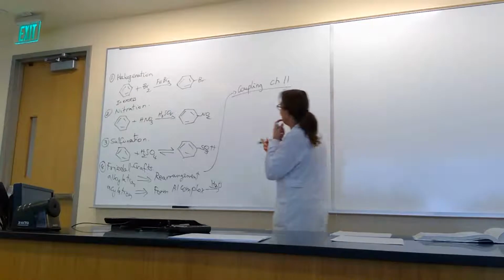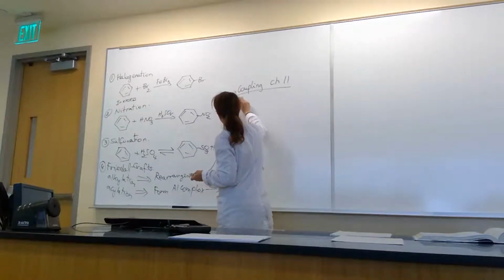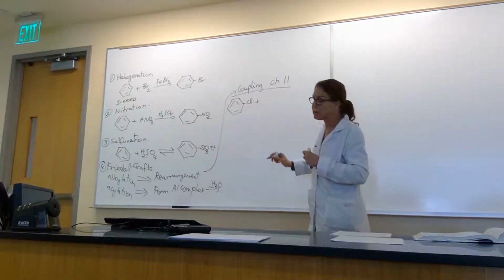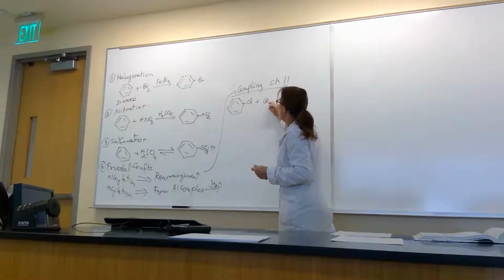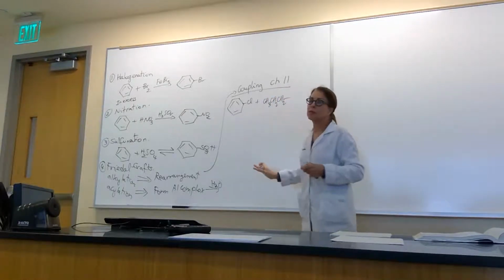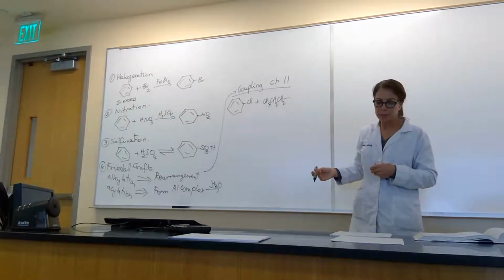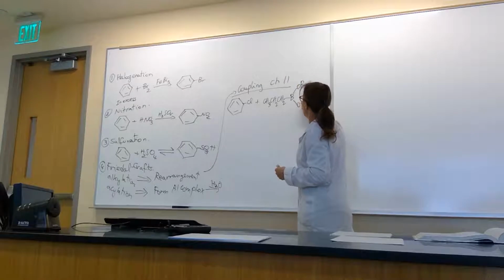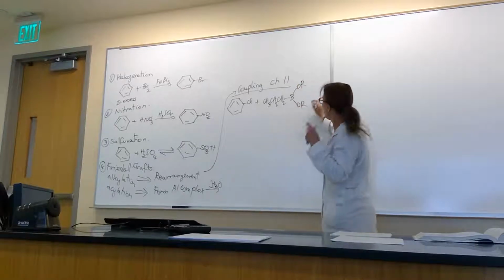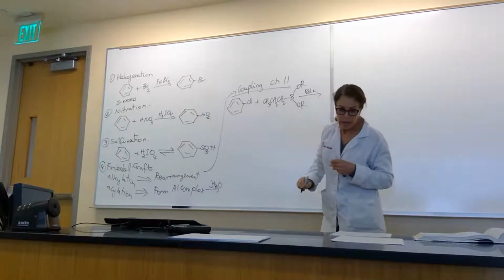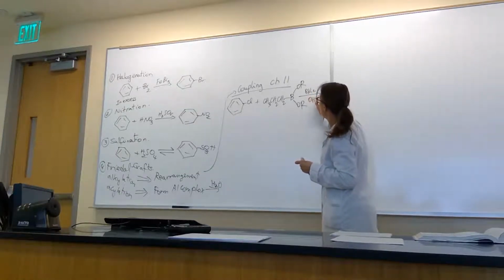So what does coupling mean? You start with benzene that has a halogen, then you add an organoboron. Like here, you can put the chain alkene. If I want this and I don't want it to rearrange, I use this one with boron like this, in the presence of a palladium catalyst and OH minus.